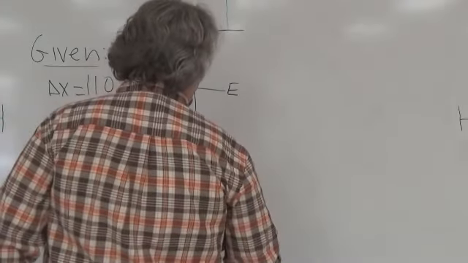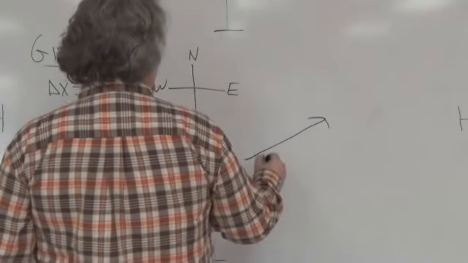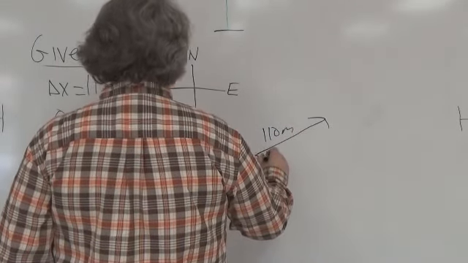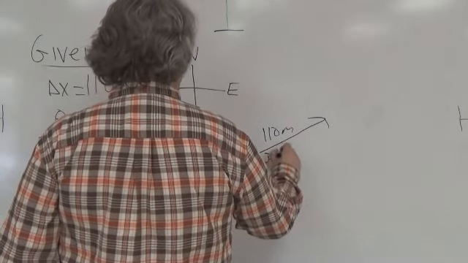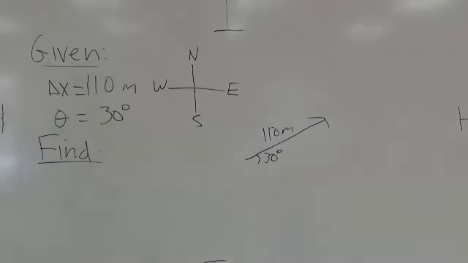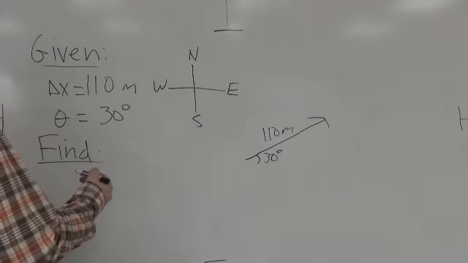Let's just reduce the angle a little. There we go. We'll label this 110 meters. And it's going to be at 30 degrees north of east. And what we want to find is the north component of the displacement.